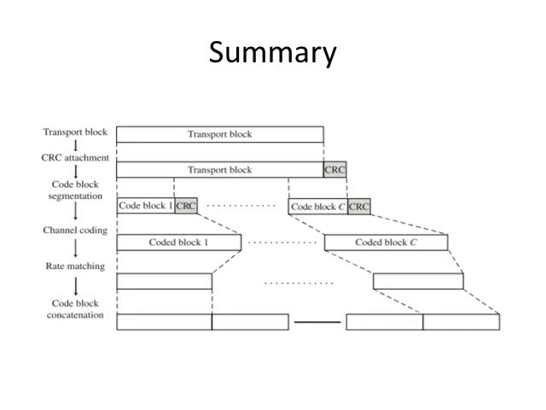Then the next is code block segmentation. The whole transport block plus CRC is divided into smaller blocks known as code blocks, and these code blocks are then appended with a CRC at the end and filler bits at the beginning. That's what happens in code block segmentation.